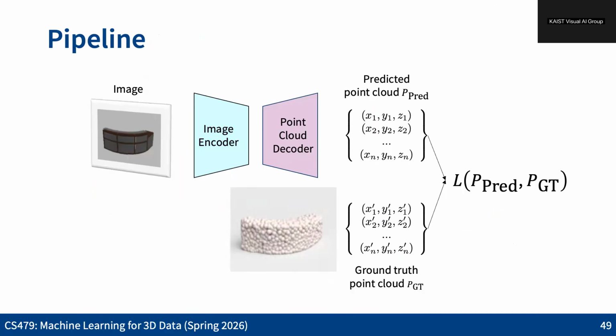What if I swap these two? It should still be the same thing, right? So we have a set of points here and a set of points here, and we are going to compare how close this one is to this one. So that's the ultimate question of how we are going to define the loss function. How should we define the loss function in this case?